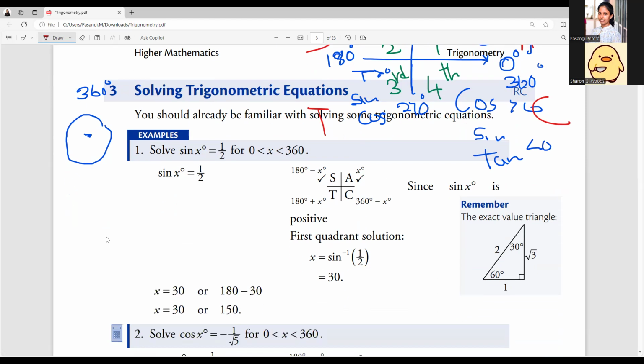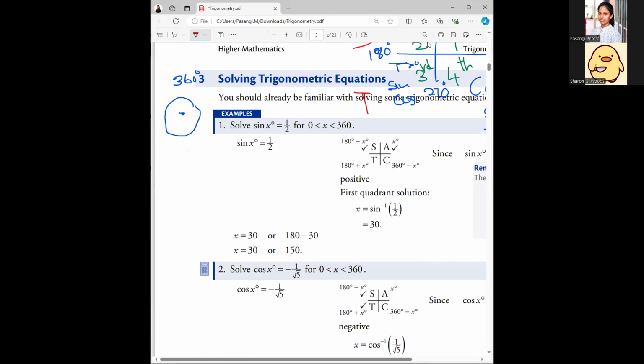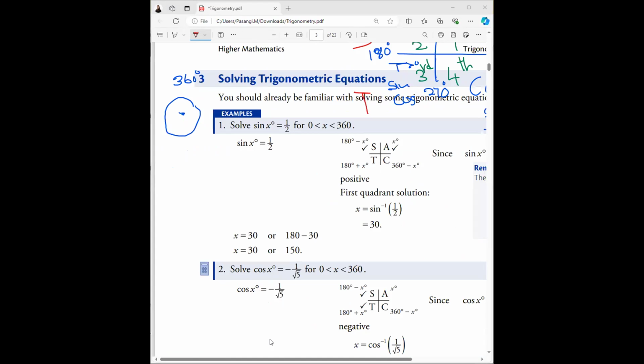The first question they have given us, let me open Paint so that I can write it. Paint is opened.